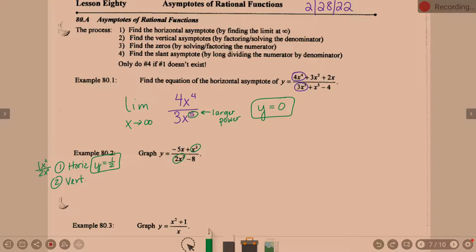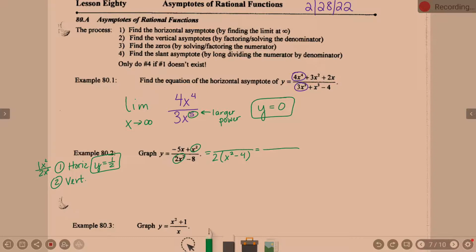Okay, number 2, vertical asymptotes. What are your thoughts on vertical asymptotes? It'll end up being plus or minus 2. I agree. Officially, and we probably should have done this earlier, let's do some factoring real quick. On the denominator, if you factor out a GCF of 2, then you have x squared minus 4 left.